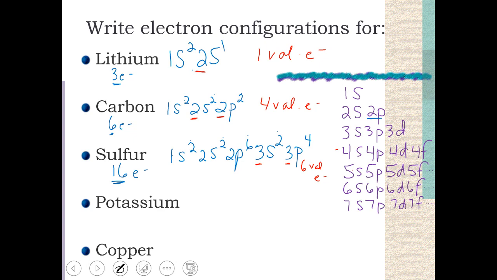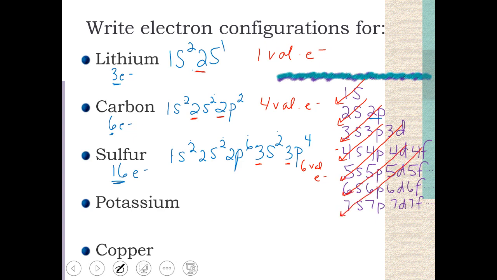So what are you going to do then as far as knowing the exact order? There's 2 different ways. You can write a chart like this, and you can draw diagonal lines. The diagonal lines give you the exact filling order from the nucleus out.